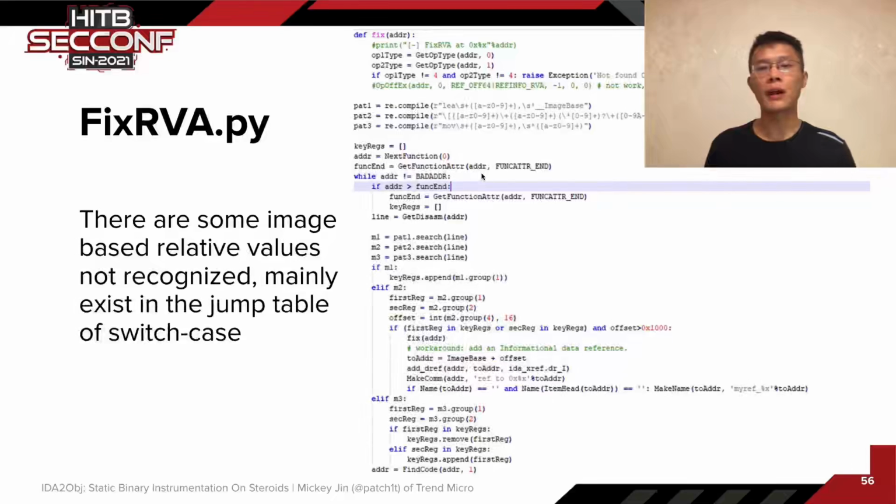Maybe you will need some minutes to read it. But now let's check the fixed effect. We can see the difference in the red rectangle. It was an immediate value before, and it will get the correct cross-reference after the fix.